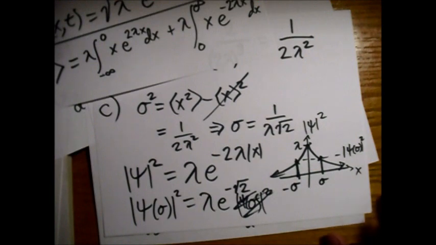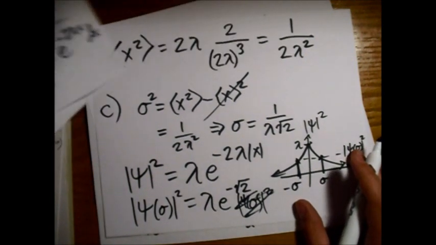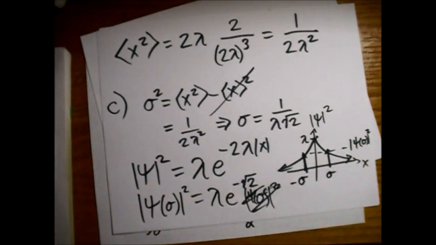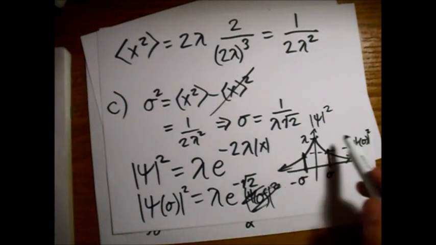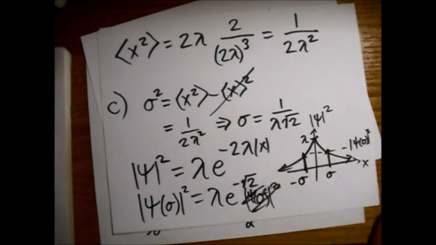Alright, so that gives an idea of the spread. It could be better if we actually plugged it into a calculator and plotted this in much more detail. Alright, so we've sort of illustrated the sense in which sigma represents the spread in x.